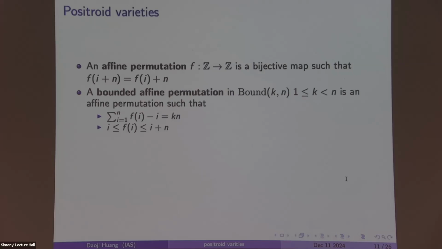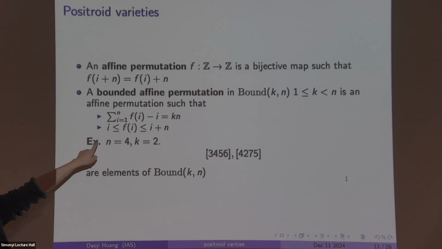The bounded affine permutations require an extra condition which says that the sum of f(i) minus i has to be k times n. So in terms of juggling patterns, this k in k-Grassmannian means that you're juggling k balls.